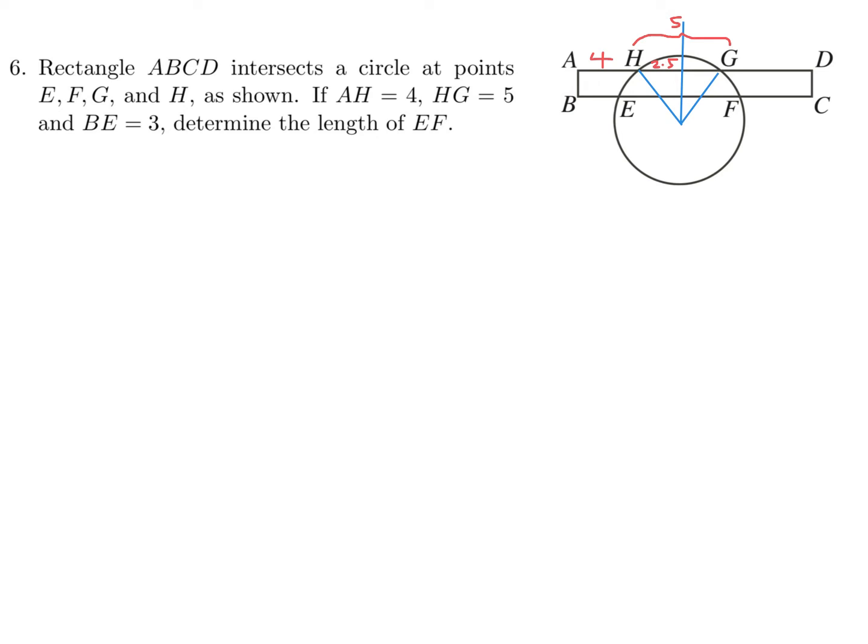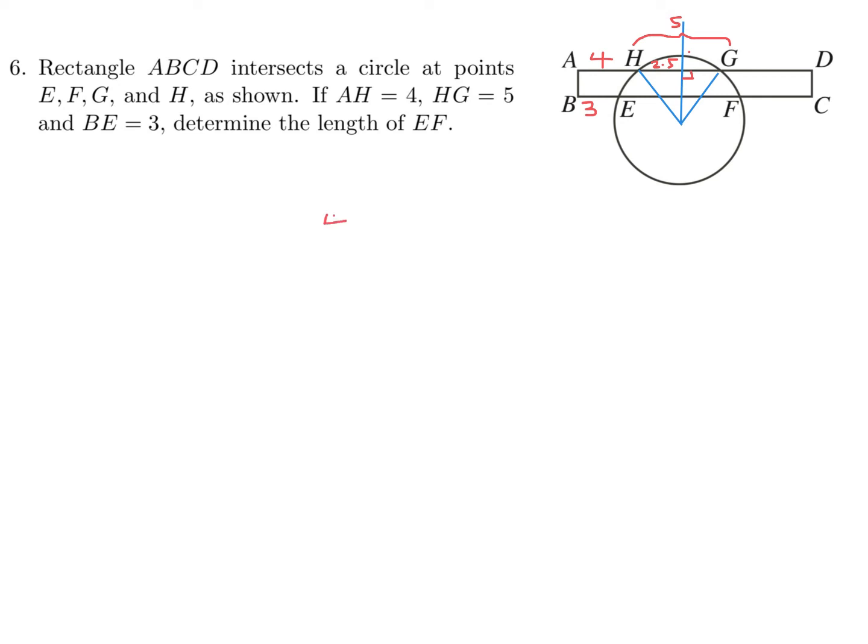And then BE, they tell me, is 3. So that's 3. Okay. Well, I can calculate this distance now. And then EF would just be double that because it's symmetric on both sides. That distance can be calculated because from here to here is the equivalent of from there to there because it's a rectangle. And this line, the way I drew it, is perpendicular. Like that.